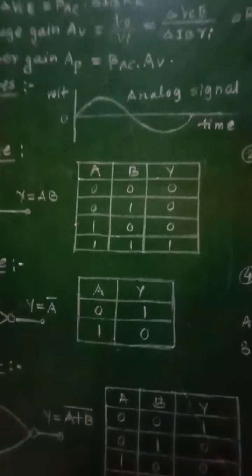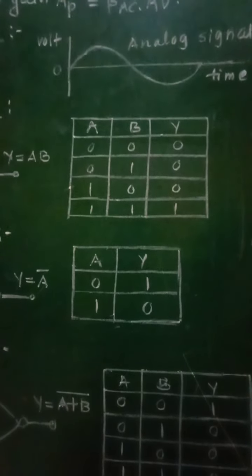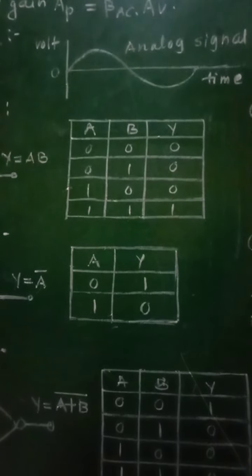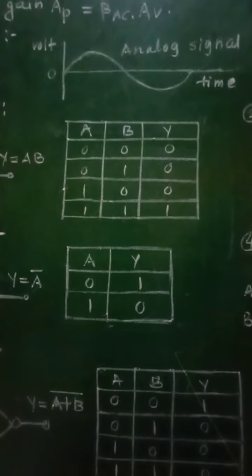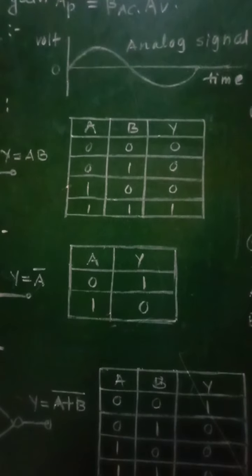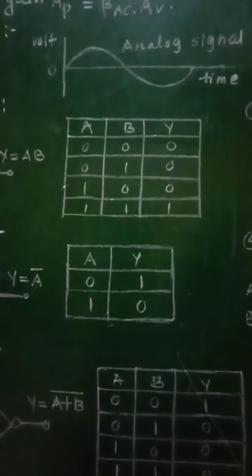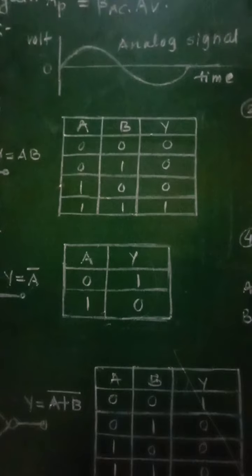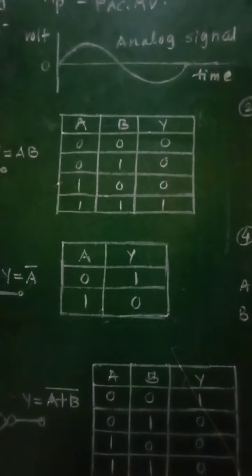Such a digital circuit is called a logic gate. Now the mathematical statement that provides the relation between the input and the output of a logic gate is called a Boolean expression. The mathematical statement that provides the relation between the input and the output of a logic gate is called the Boolean expression for that logic gate.